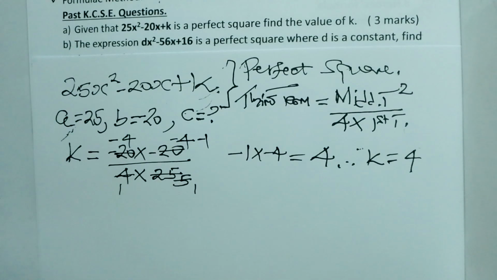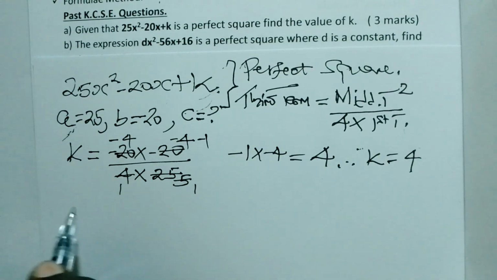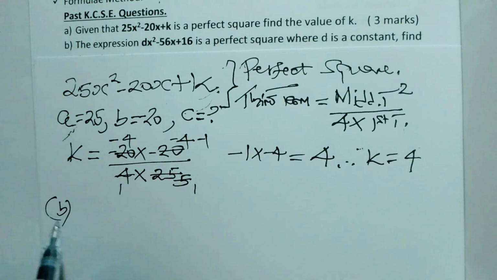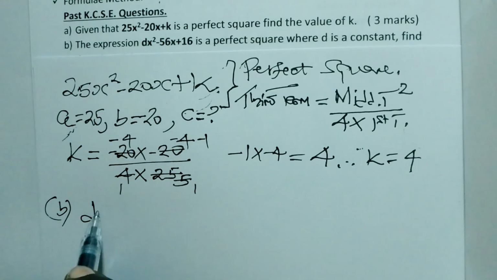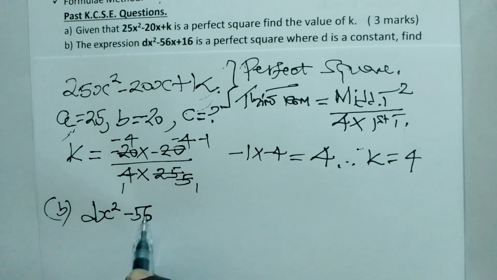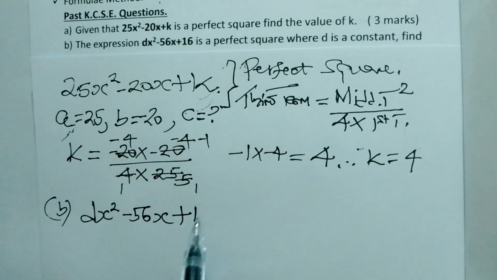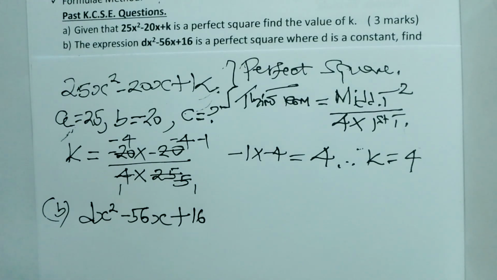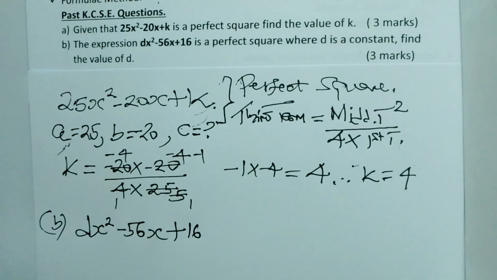In the second question, you're told the expression dx squared minus 56x plus 16 is a perfect square where d is a constant. Find the value of d.